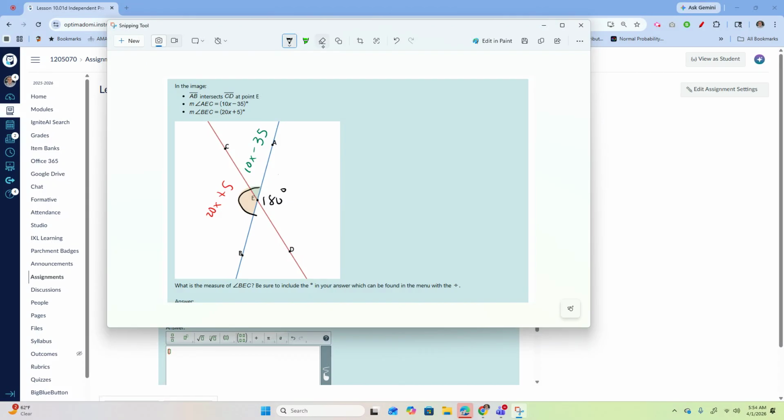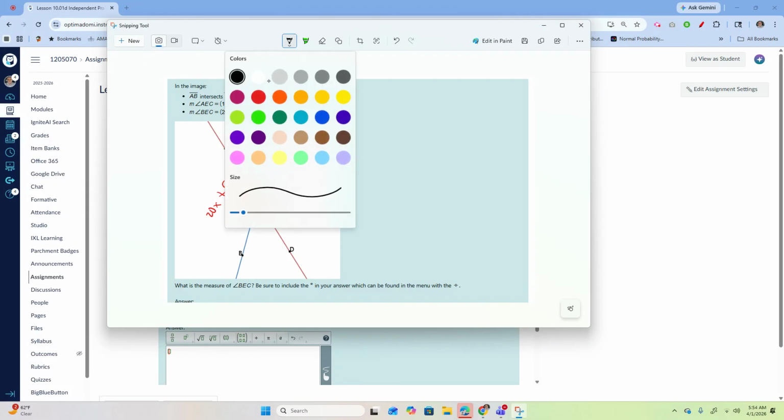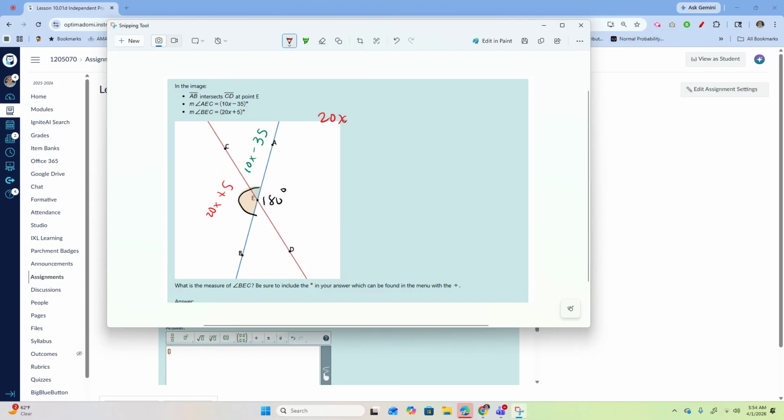And basically what that is saying is, if you take the angle that I wrote in red, the 20x plus 5, and you add the angle that I wrote in green, the 10x minus 35, those two together are going to equal 180.